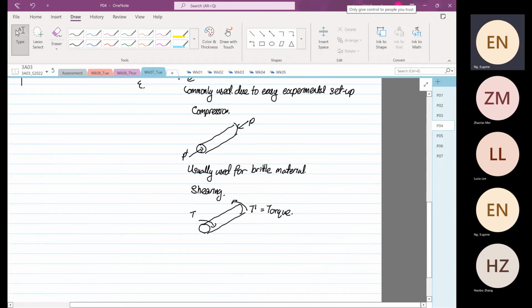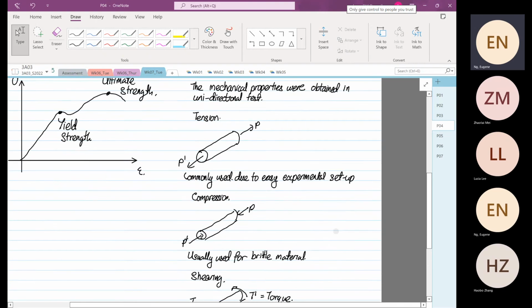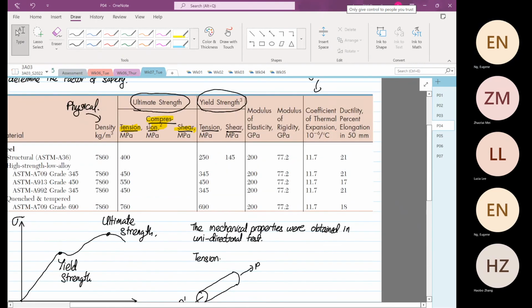So this is the least commonly used. That is why when you look at this data, the most commonly shown are the tension, yes or no? Shear, you only have one out of so many, and for that reason.